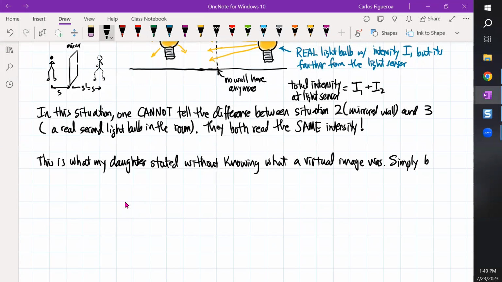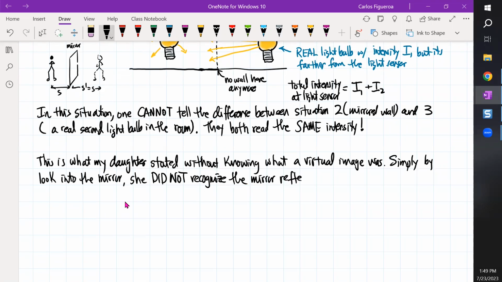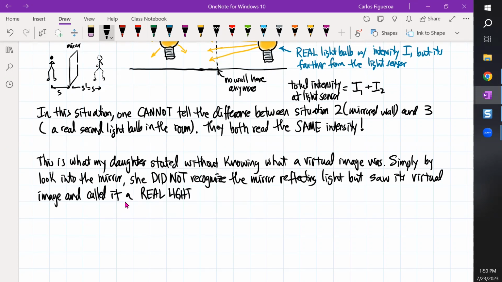Simply by looking into the mirror, she did not recognize the mirror reflecting light, but saw its virtual image and called it a real light source, even though it's not.